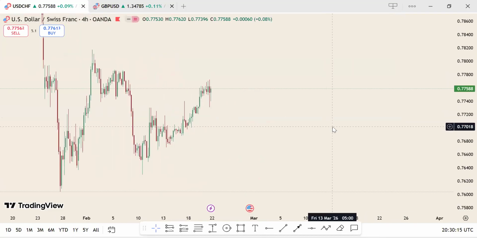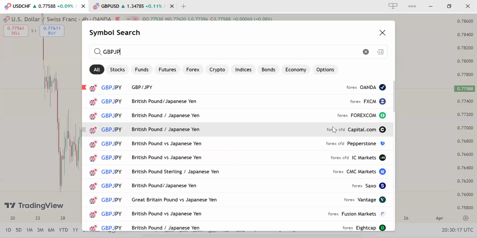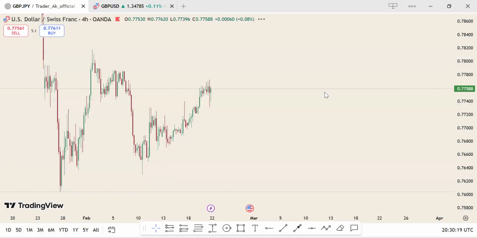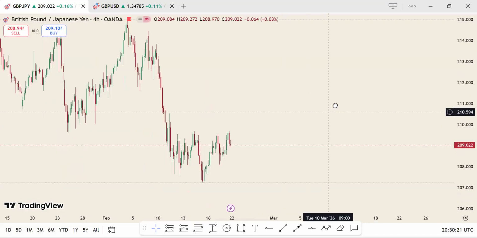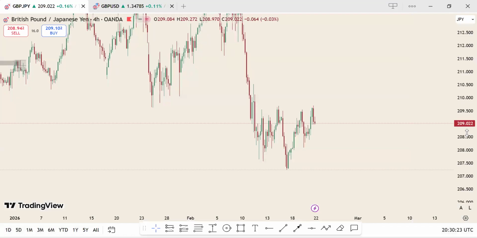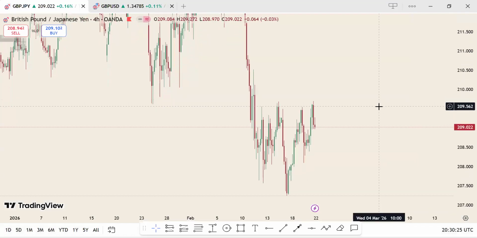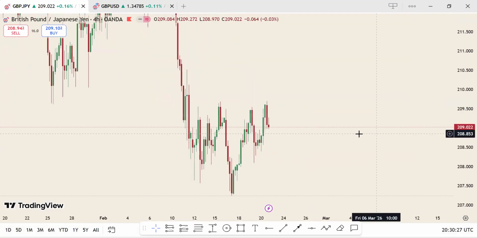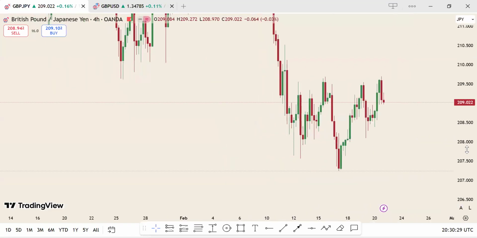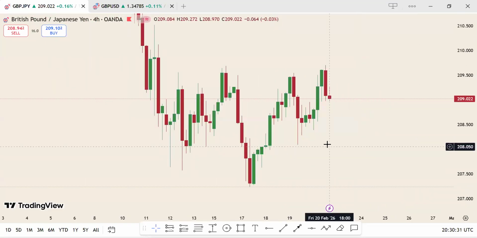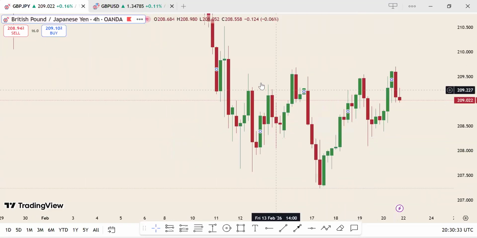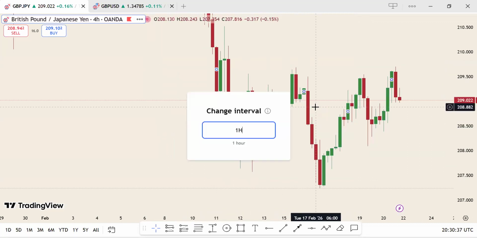I think there's one I saw last week, GBP JPY, just on Friday. Yeah, GBP JPY 4 hour. On this trade, I want you to see something. Go to 1 hour.